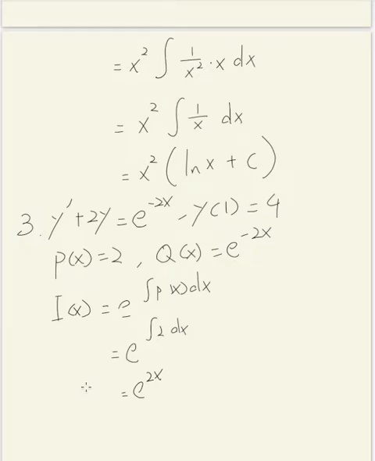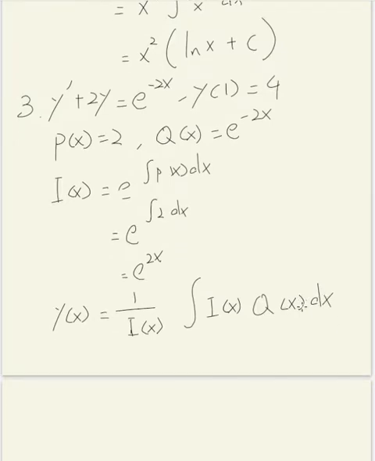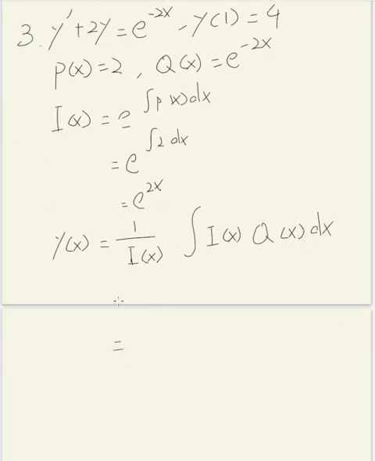Okay, and then y of x equals 1 over I of x times the integral of I of x q of x dx. 1 over I of x is 1 over e to the 2x, which is e to the minus 2x.